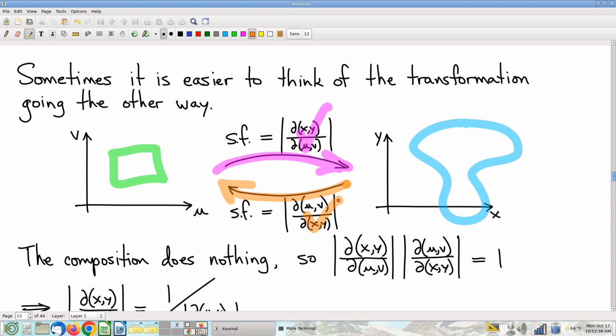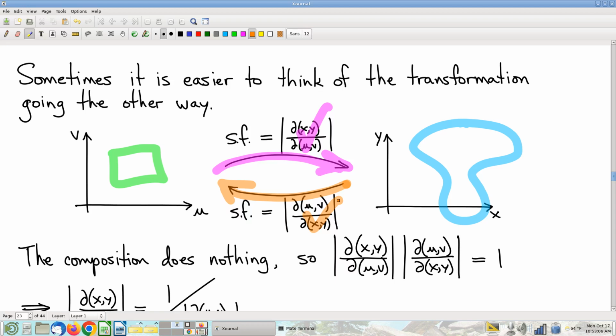Now let's take a moment on this, though. Why is the stretching factor this? For this orange function, the output variables are u and v. So output variables, partial uv, with respect to the input variables, which are x and y. So the stretching factor for the orange function is partial uv, partial xy.